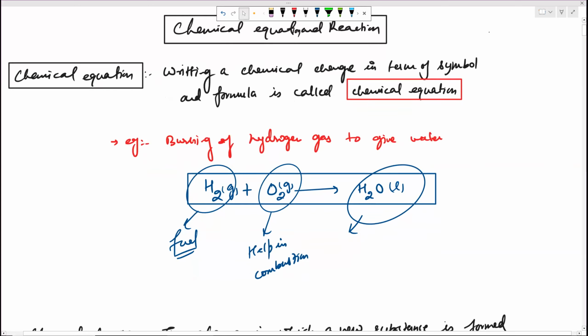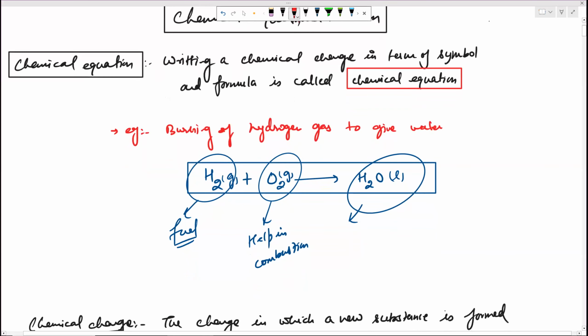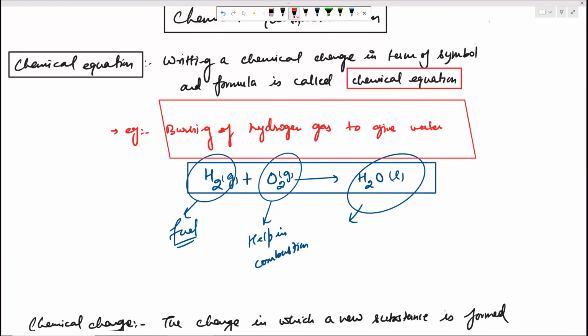For example, burning of hydrogen is a chemical change. But if I write it in terms of symbols and formulas, it becomes a chemical equation.